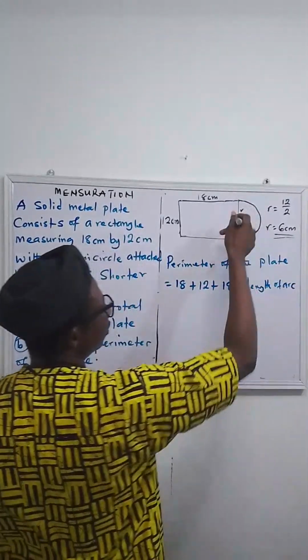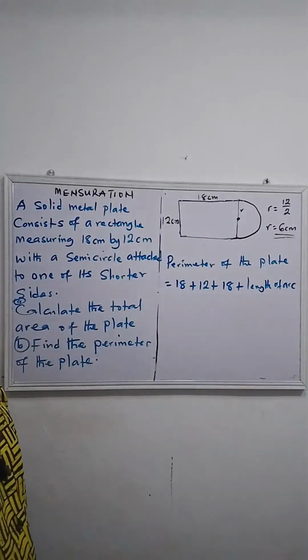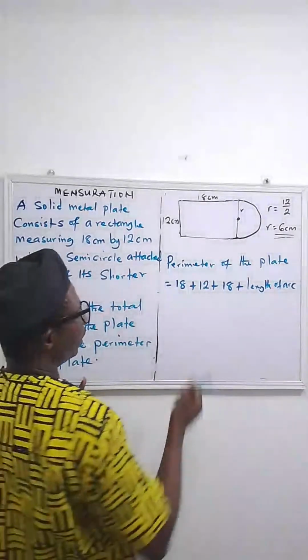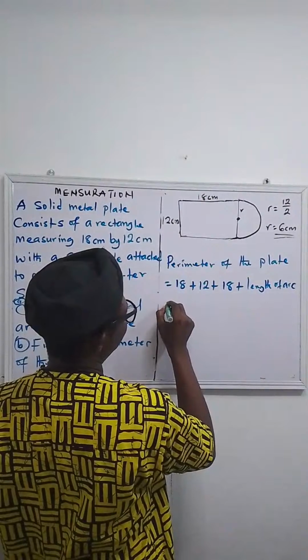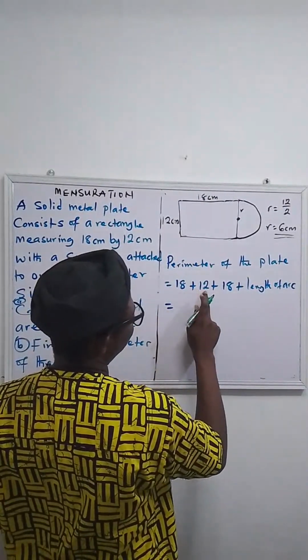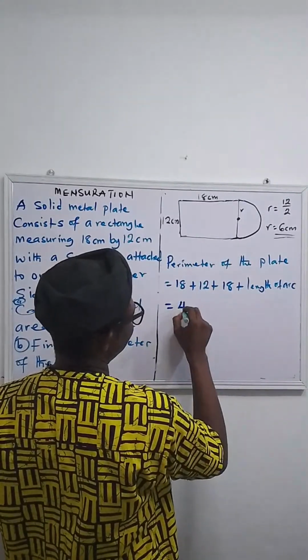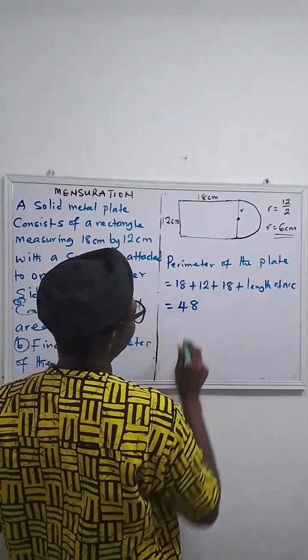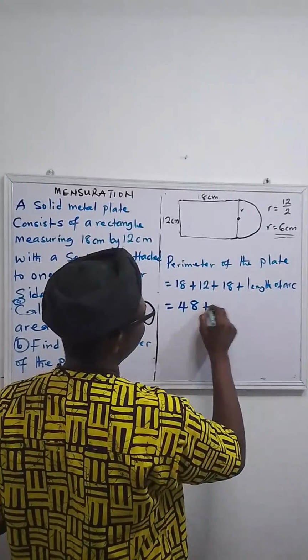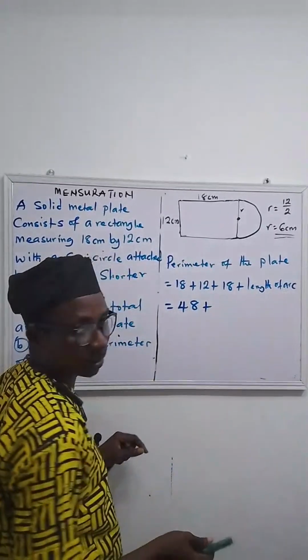Length of this arc. So that is it. Now can we add this together? This gives you 30, this 48. So plus now the length of an arc.